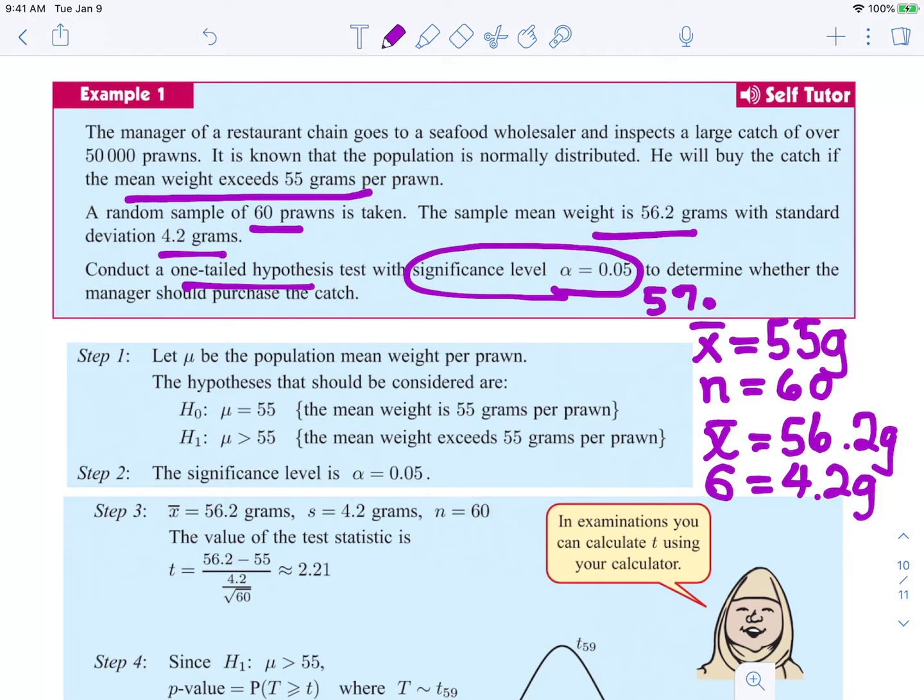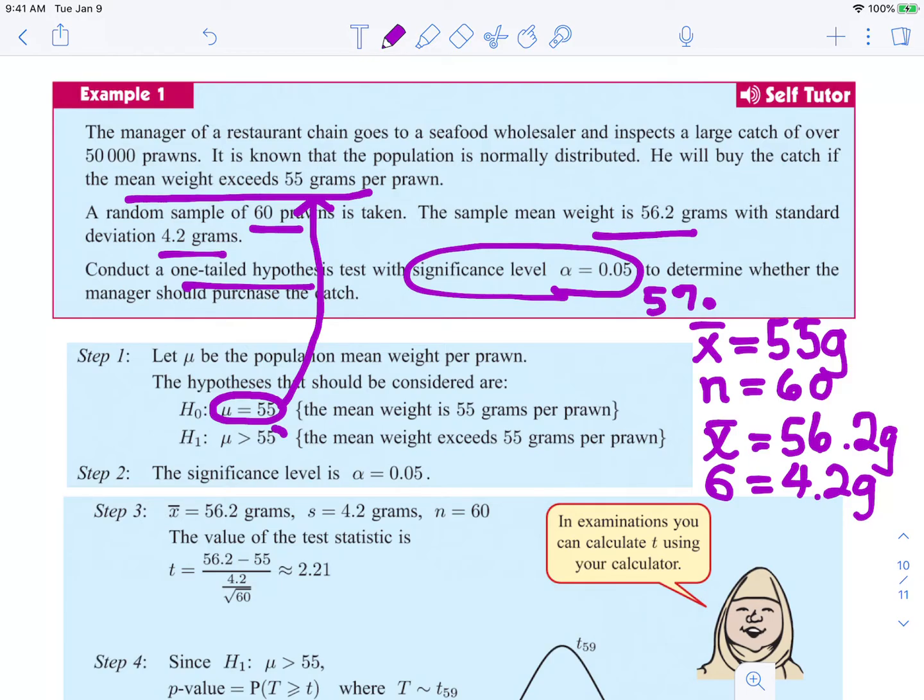So, step 1. Let mu be the population mean weight per prawn. The hypothesis should be considered. Here was that mean we want. We want every prawn to average 55 grams or higher.